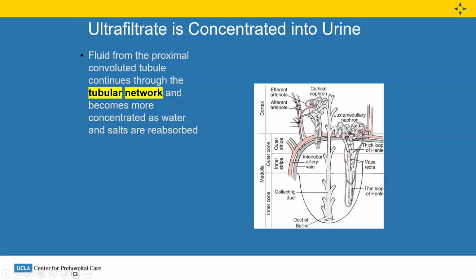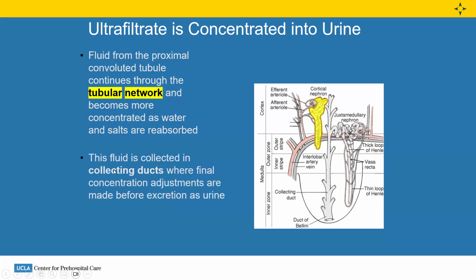The tubule system is going to work to pump water out of that filtrate. Once ultrafiltrate leaves the Bowman's capsule, now it's just called filtrate. But essentially, our tubular system is going to work hard to pull 99% of that water back into our bloodstream, and then the salts that we want and all the nutrients, right?